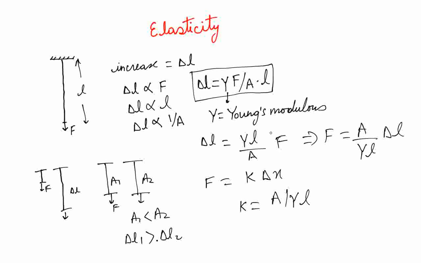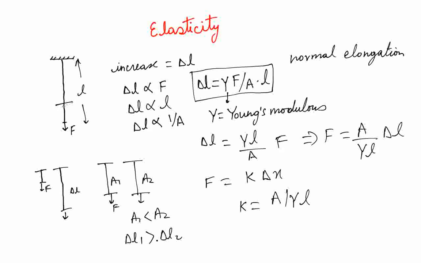Okay, so this is all about Young's modulus, and this is the deformation or elongation in the direction. This is a normal deformation, you can say normal elongation, because the force that is causing the elongation is normal to the surface.